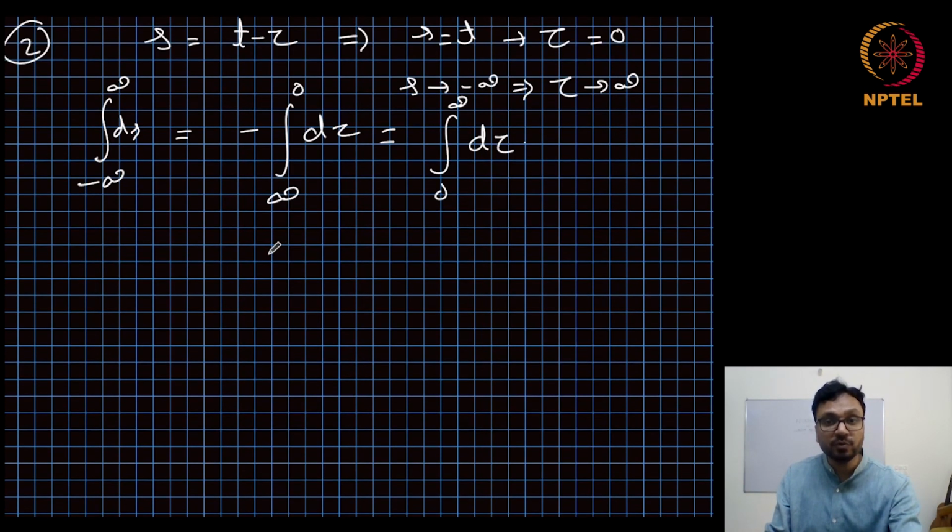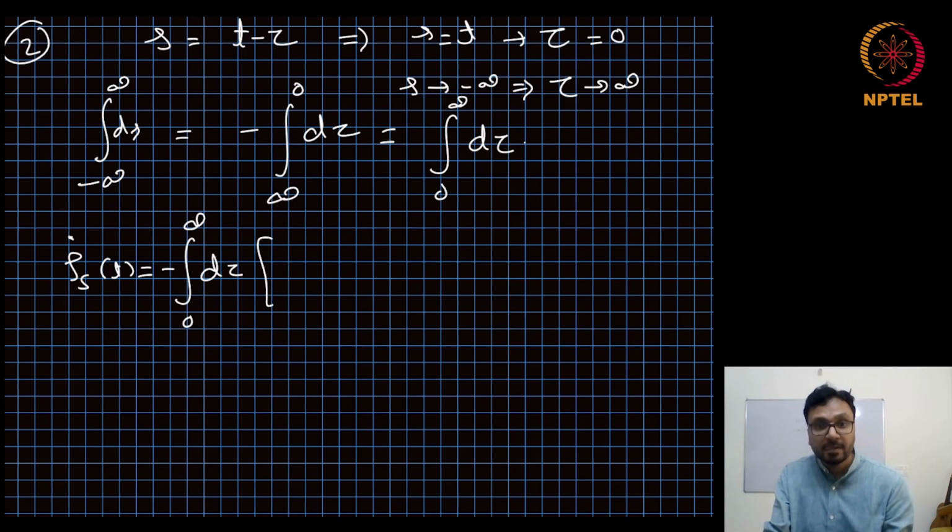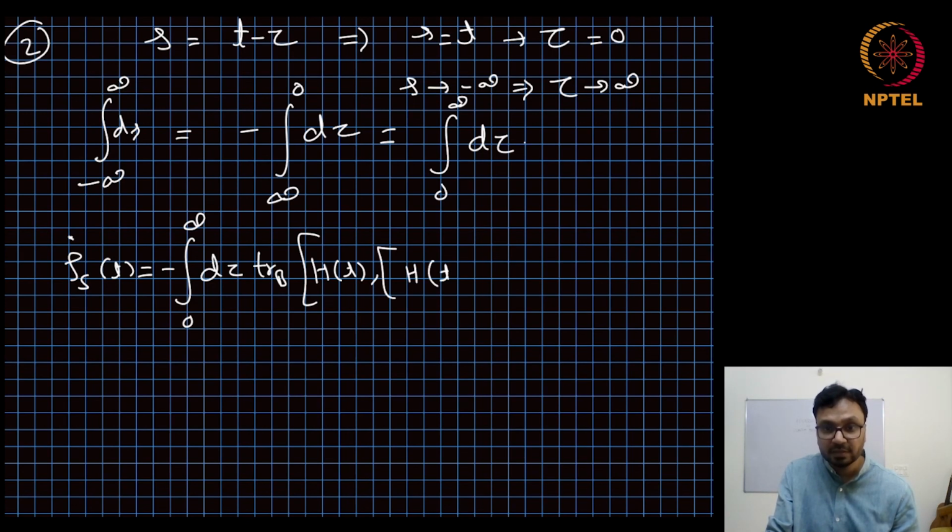These two simplifications put together will convert the Redfield equation into a Markovian equation. And we get the dynamics rho s dot of t to be minus the integral from 0 to infinity d tau of the commutator of H(t) with the commutator of H(t minus tau) with rho s(t) tensor rho b.